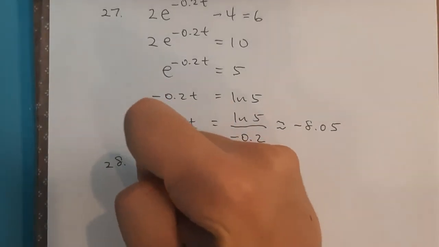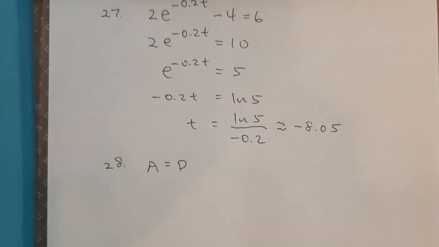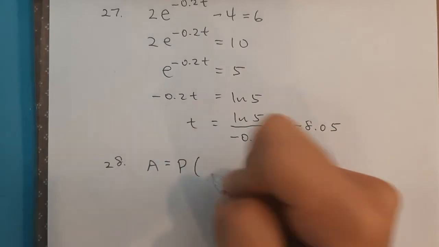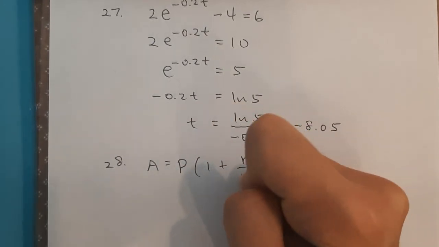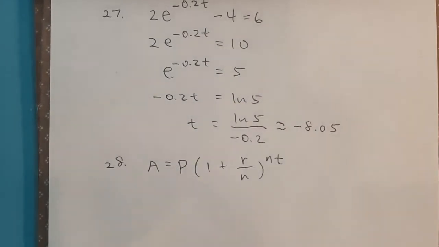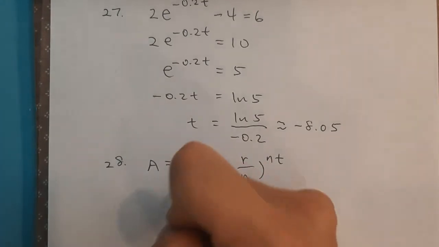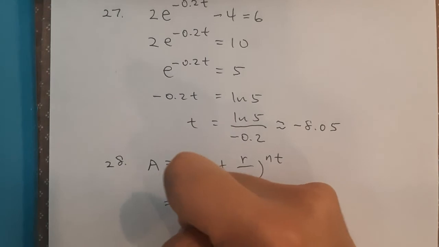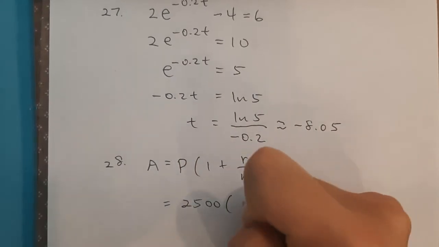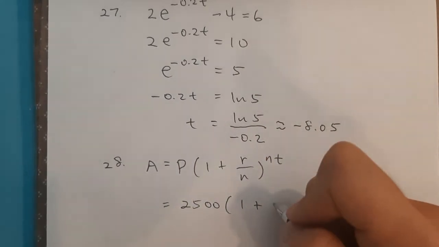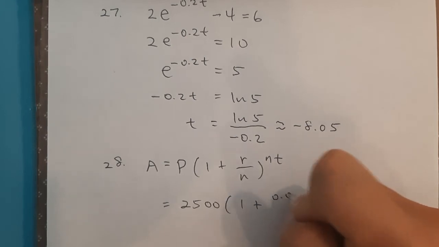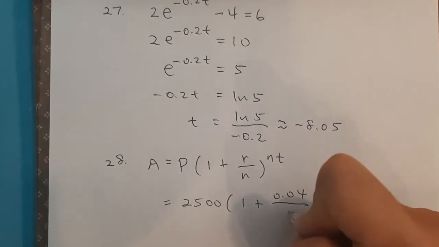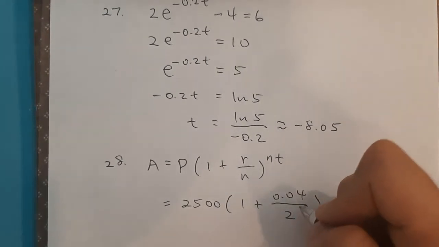That's A equals P. And here it's compounded semi-annually, so we're going to use this formula, 1 plus r over n to the power nt. Then we plug in the numbers, so we have 2,500, 1 plus, r is 0.04, n is semi-annually, so n is 2.